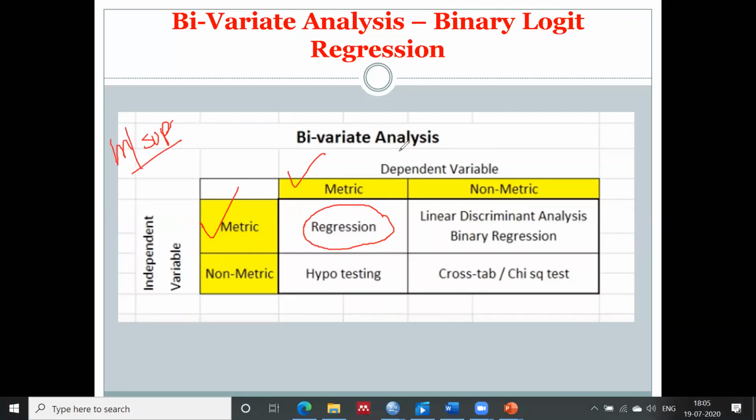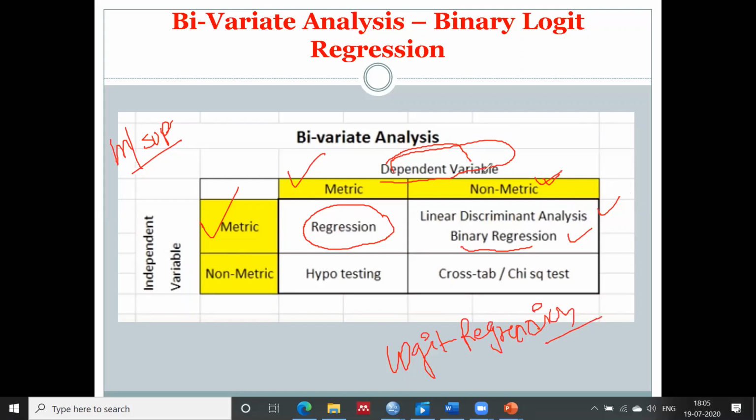But if your dependent variable is non-metric, this one, then you have to use linear discriminant analysis or binary regression. Binary regression is basically binary logit regression. The name is binary logit regression, right?